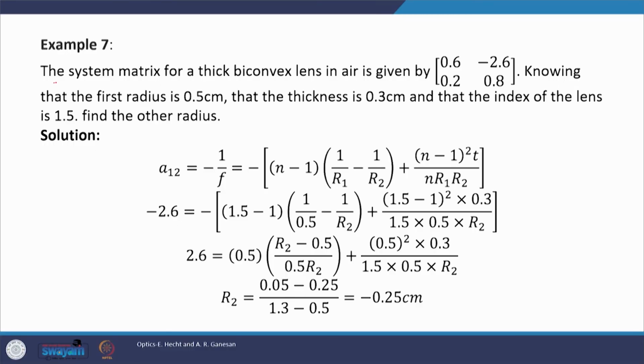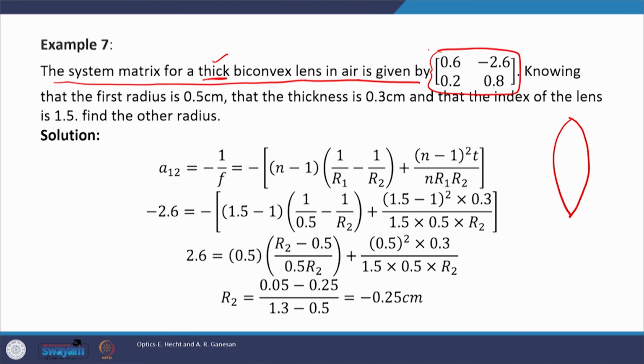Now, moving to the next problem, the statement here is: the system matrix for a thick biconvex lens in air is given by this matrix. Biconvex means this type of lens, and it is thick. This matrix gives the system matrix of this biconvex lens in air.